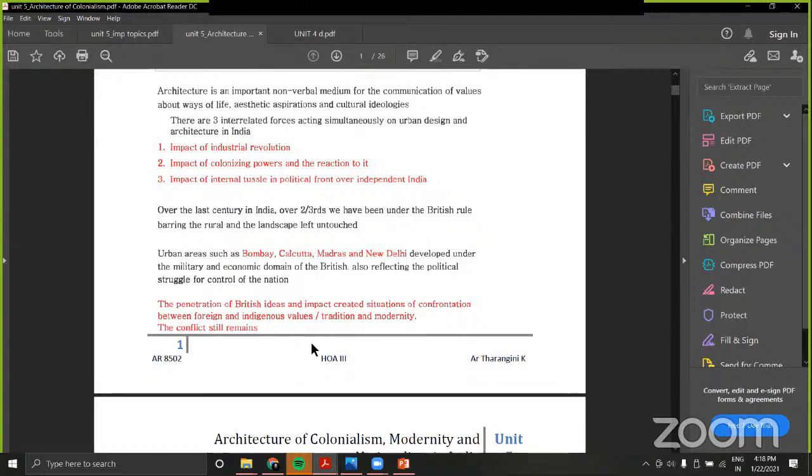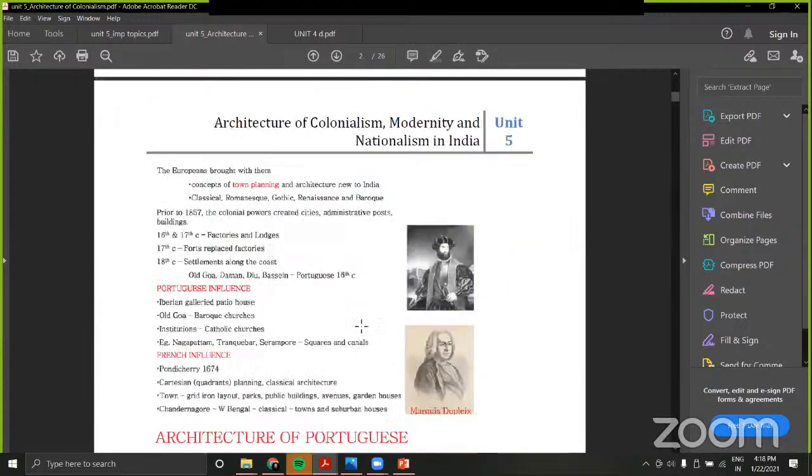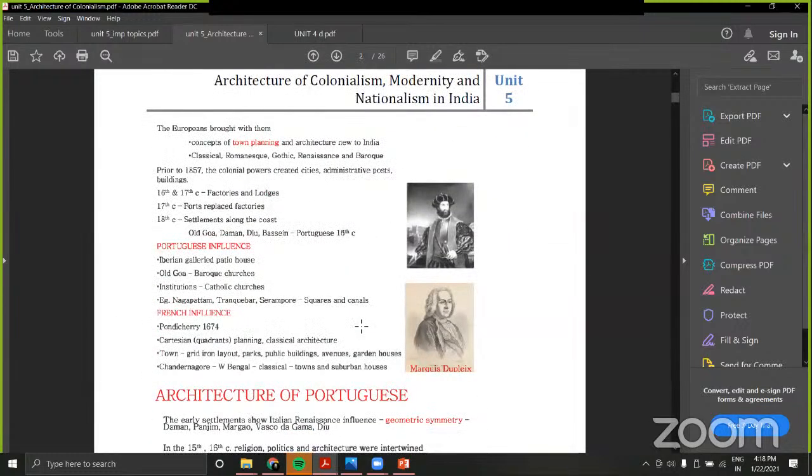The penetration of British ideas created situations of confrontation between foreign and indigenous values, tradition, and modernity. The context still remains. The Europeans brought with them the concept of town planning and architecture, comprising classical, Romanesque, Gothic, Renaissance, and Baroque styles.